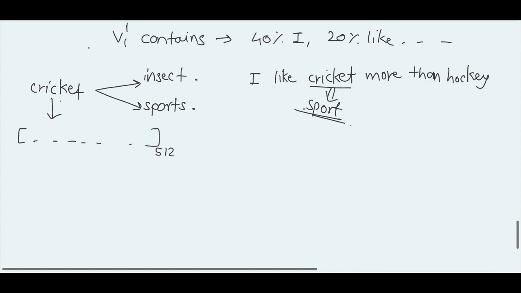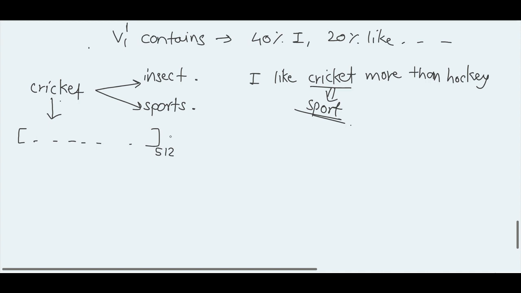So far so good. But when we look at the sentence, I like cricket more than hockey, it becomes very clear that we are referring to the type of sport. And that is what we want the computers to do as well. That is why we did all these things: we calculated this self attention and performed all these calculations.